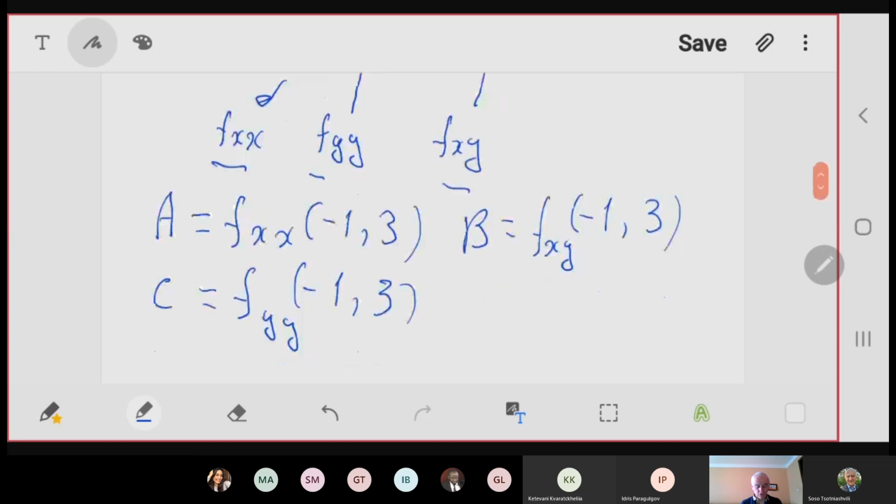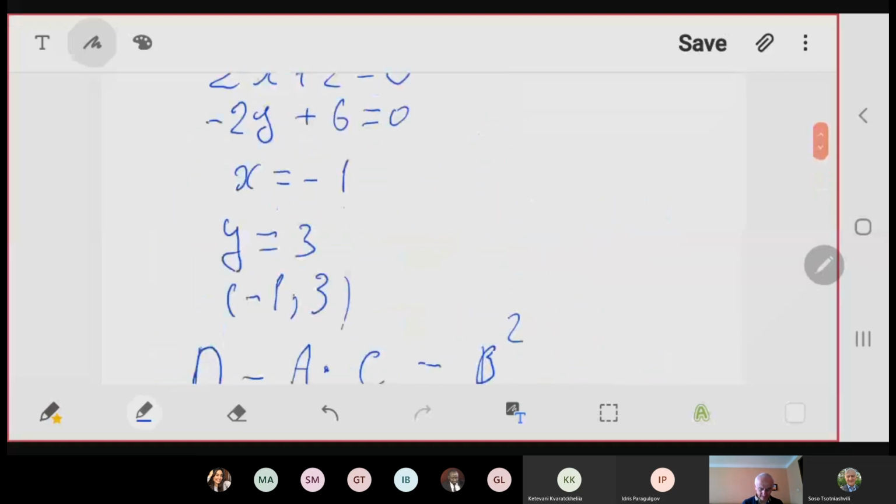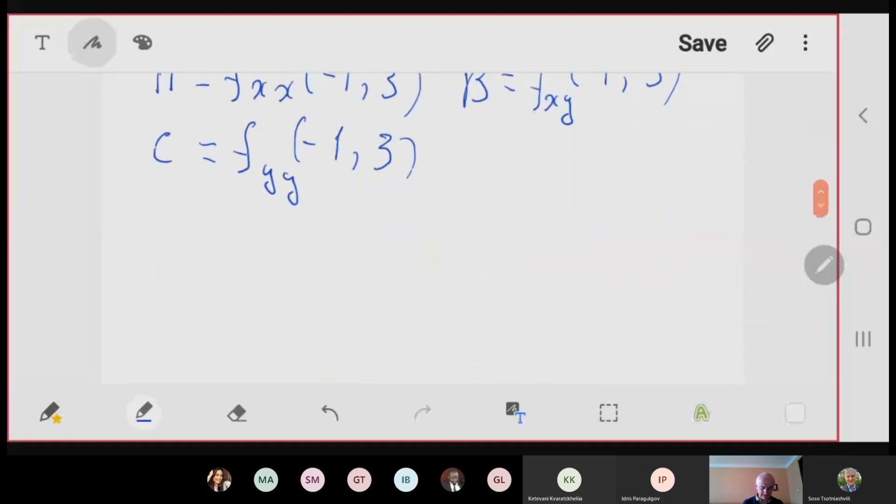Okay, so the next step is to find f_xx. F sub xx means to find the second order partial derivative. And second order partial derivative means from the first order partial derivative, take the partial derivative respect x.